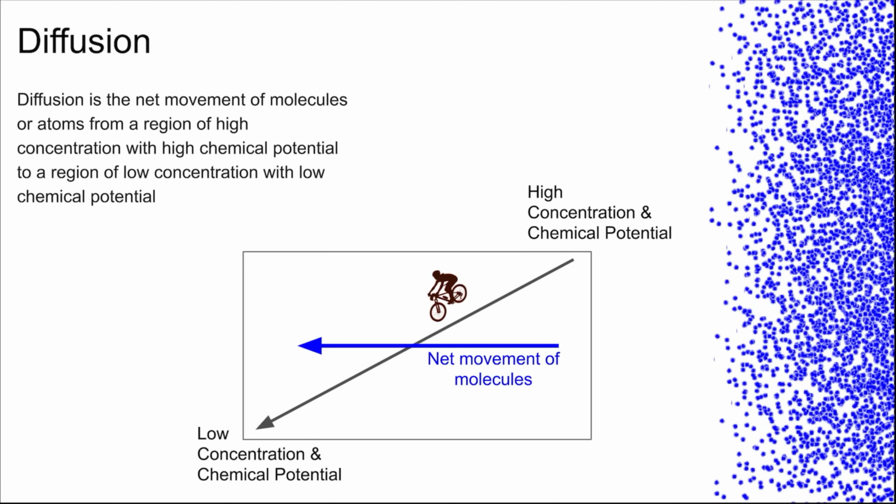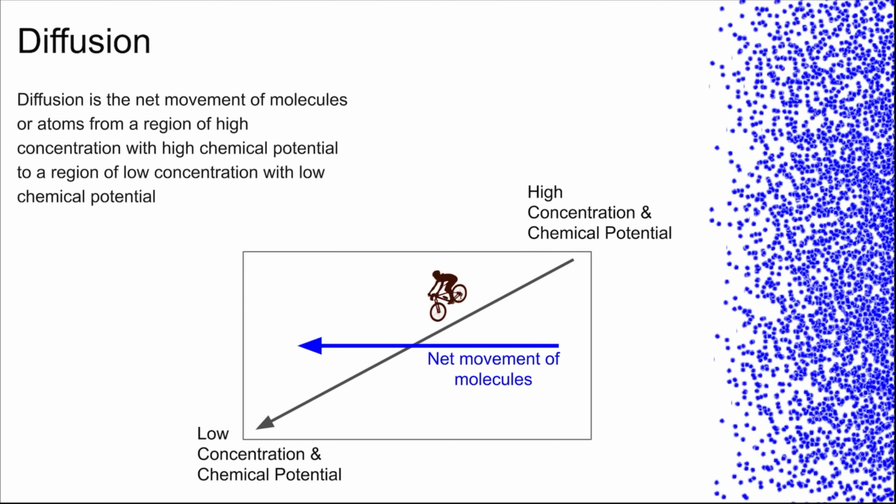On the far right, you can see a collection of blue dots. They're in high concentration. Imagine that these dots represent molecules of a gas, and the room is the entire slide. What do you think would happen if I released all those molecules? Do you think they would stay on one side of the room?